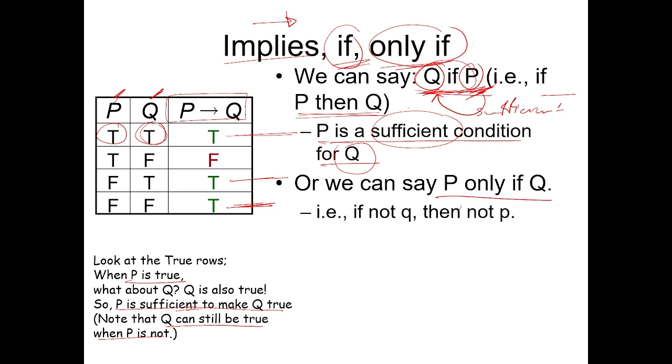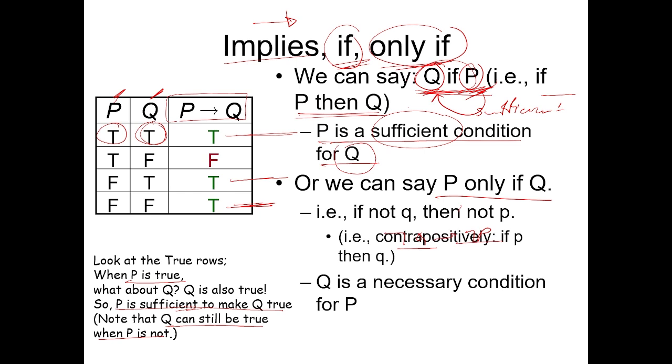If not Q, then not P. So in this case, contrapositively, if P then Q, yeah. Q is a necessary condition for P.